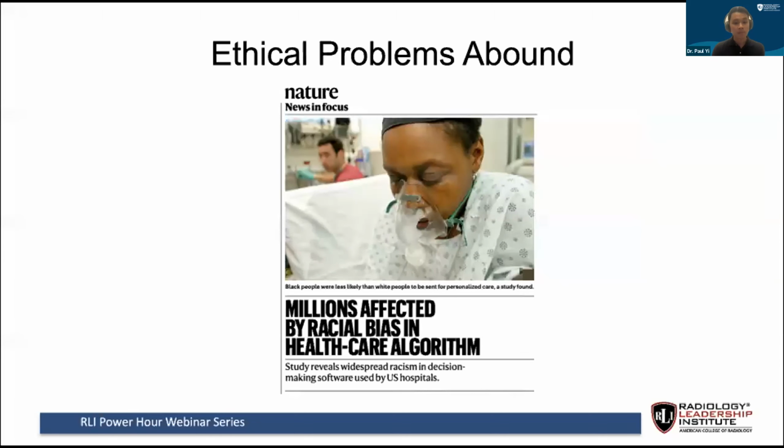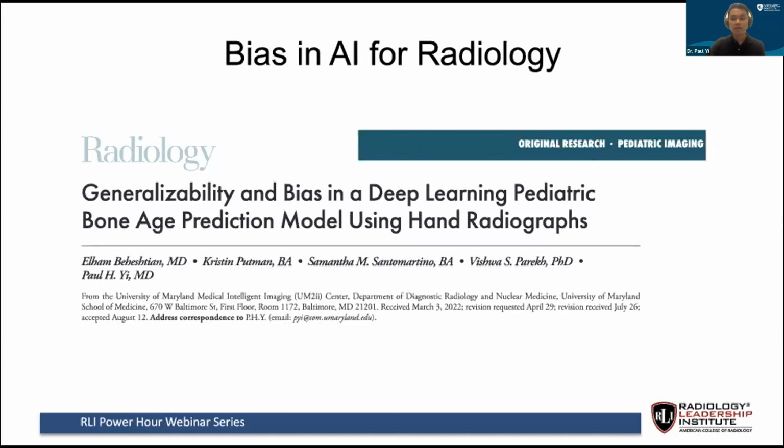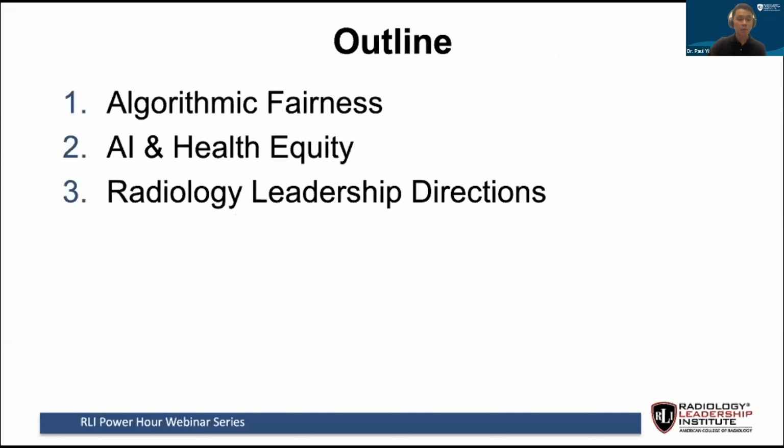For example, real-world algorithms used by insurance companies to make resource allocation decisions have been shown to have racial bias, disadvantaging Black patients compared to white patients. In radiology, we found this to be the case as well for everything from chest X-ray to bone age prediction models. And so recognizing the potential for AI as well as these potential pitfalls, we're going to talk tonight about, one, what does algorithmic fairness mean?